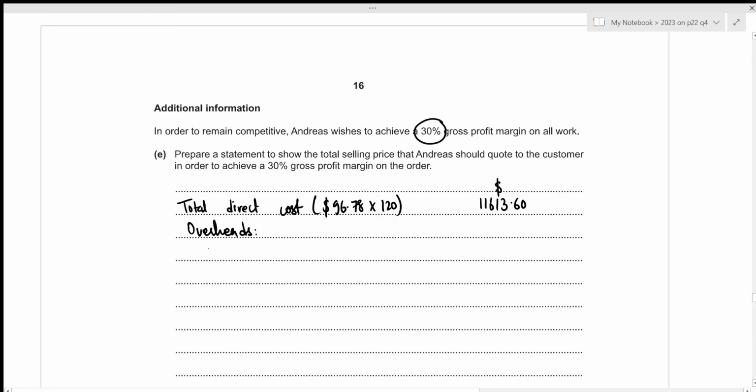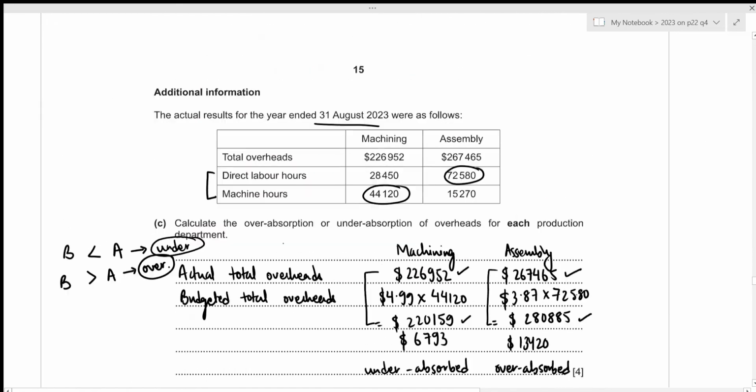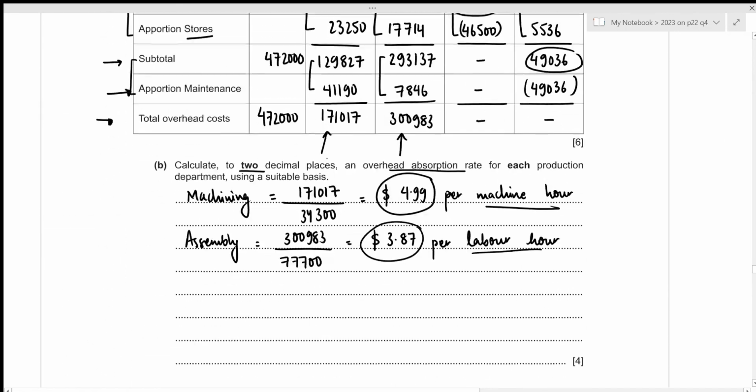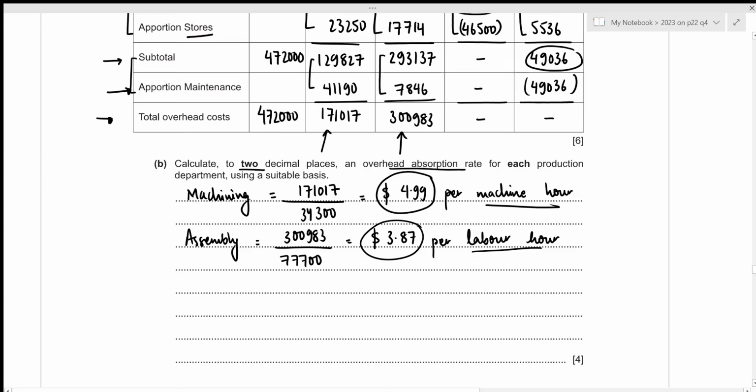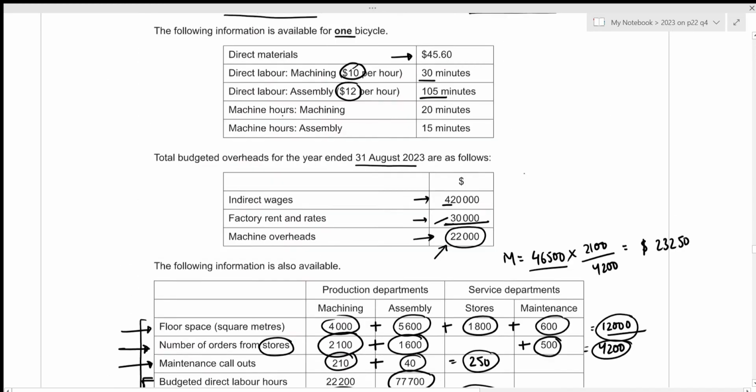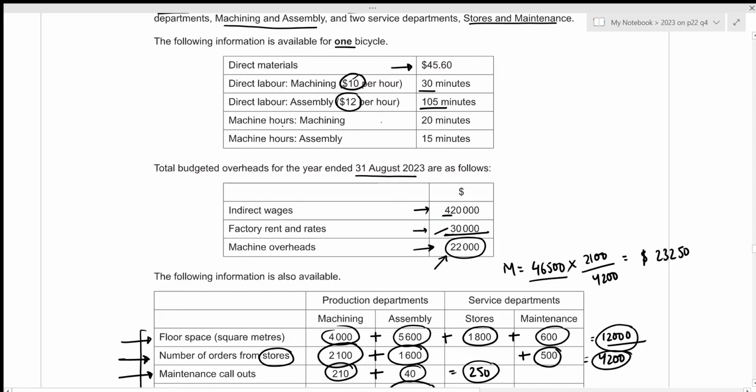Again, we need to consider the overheads for two different departments. We first start with our machining department. And we utilize our overhead absorption rate. Okay, for our machining department, our overhead absorption rate is 4.99, and this is based on machine hour. So we need to look for the time for machine hour as well. So for machining department, for machine hours, it's 20 minutes.